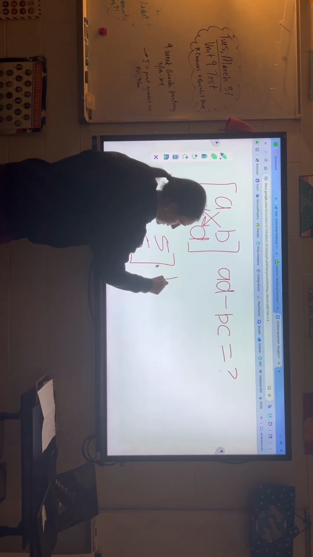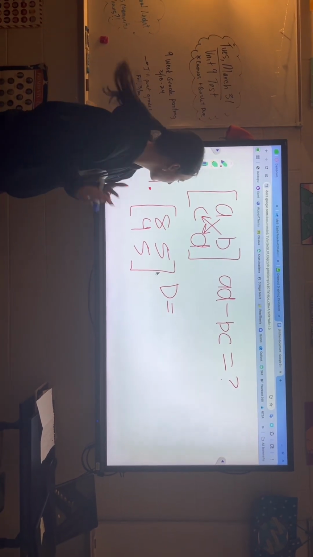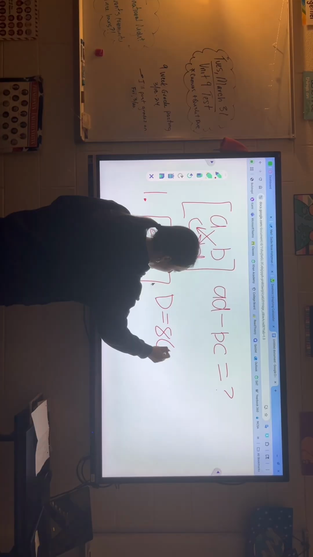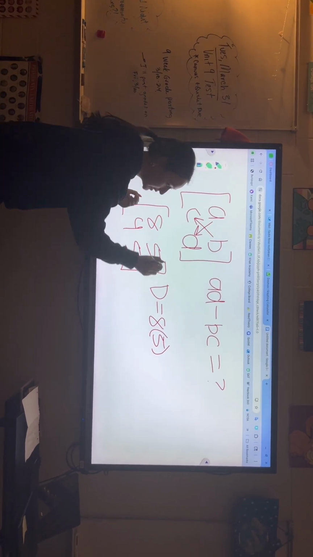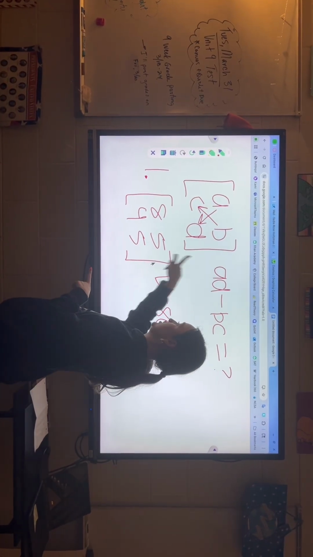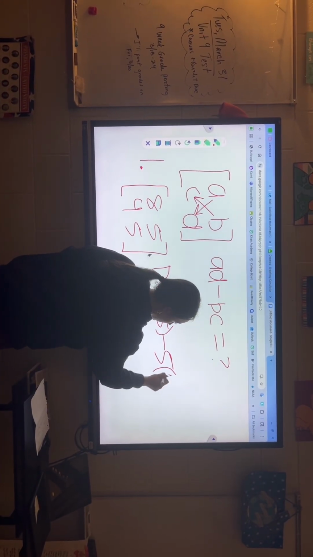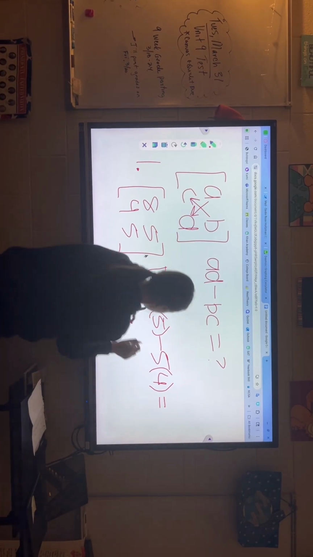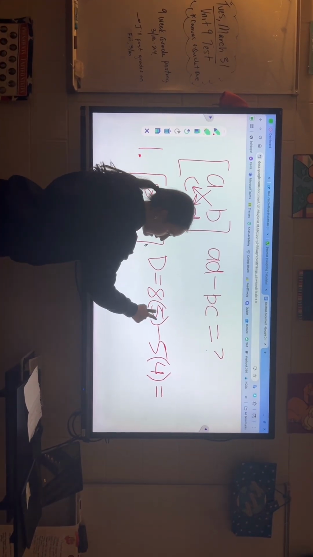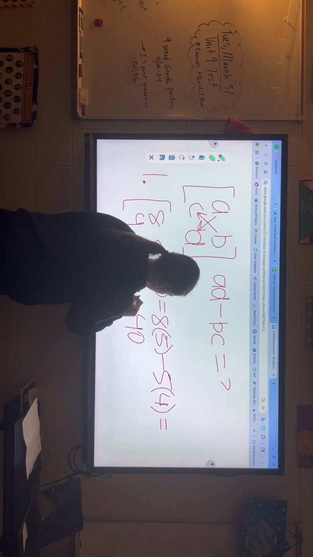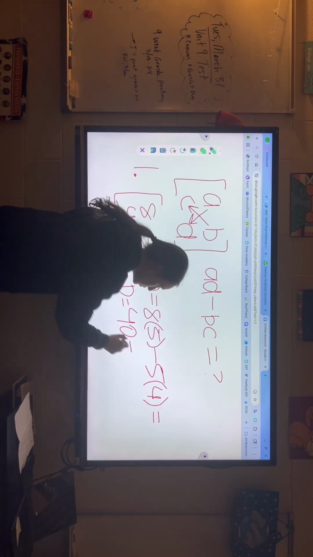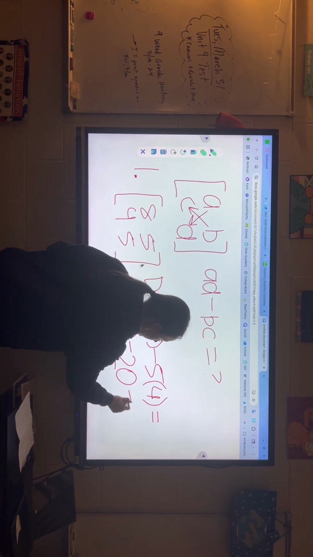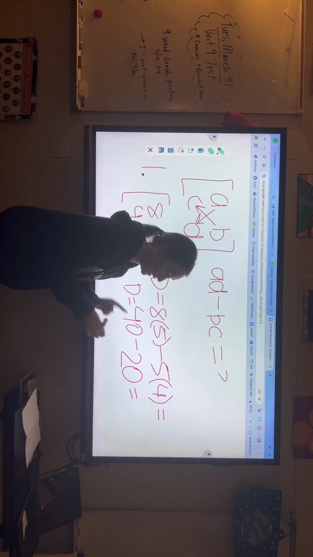You start off with D equals, for a determinant, it doesn't matter the number, and you'd go 8 times 5, so it's A times D, minus B, which is 5, times 4, which is C. 8 times 5 is 40, and then minus 5 times 4, which is 20. So your final answer is 40 minus 20 equals 20.